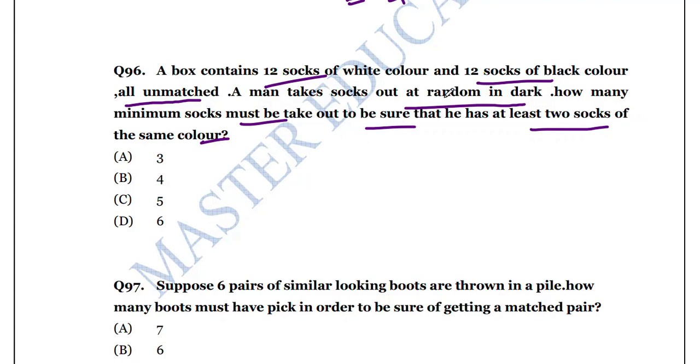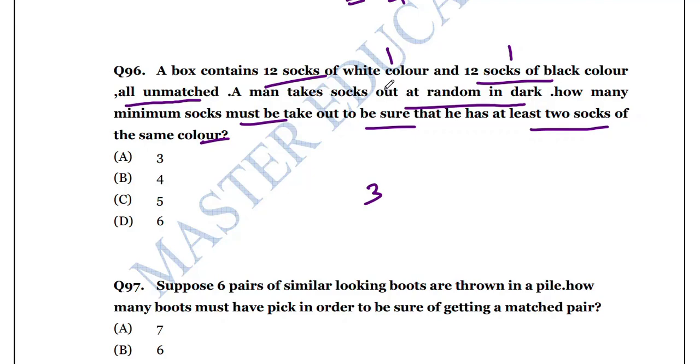So if I want 2 socks of the same color, right? If I take 3, see, from here 12 socks of white color. The first time I take white, and the second time I take black. If I take again, what will happen?